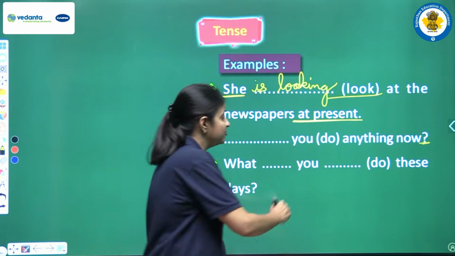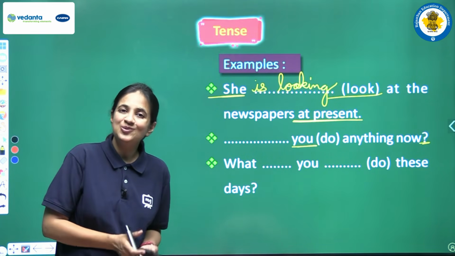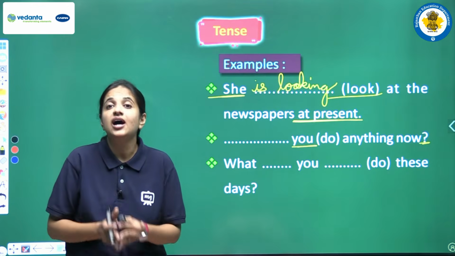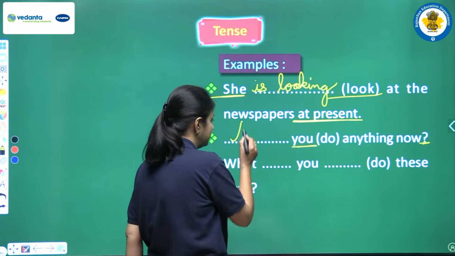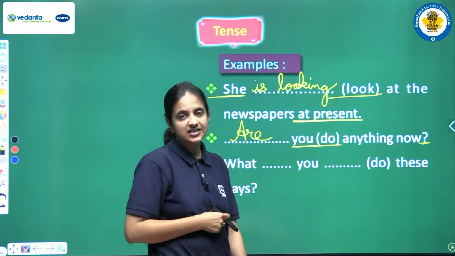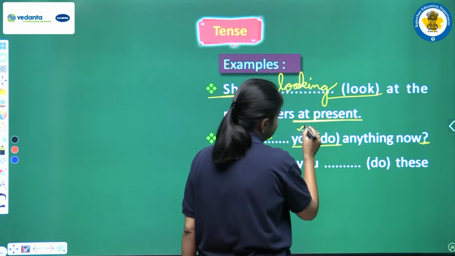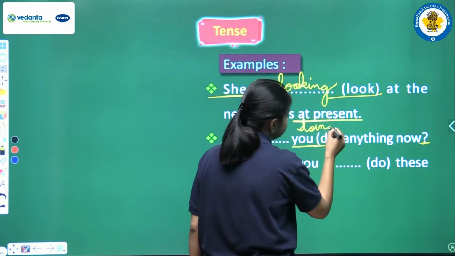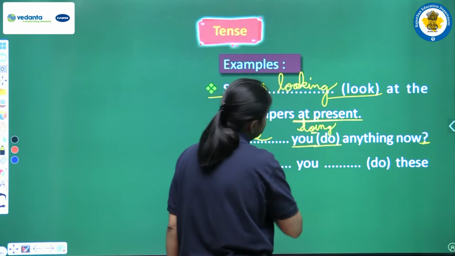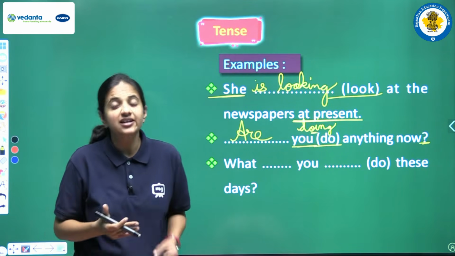So the subject is you. You is a plural subject, and for all plural subjects we always use are. So we will write are you. The action verb that we have is do, so we will add ing, so it will be doing. So our sentence will be are you doing anything now?